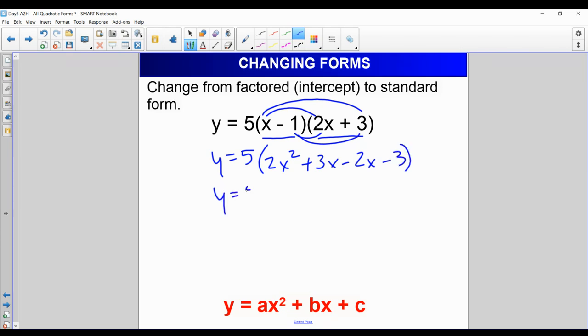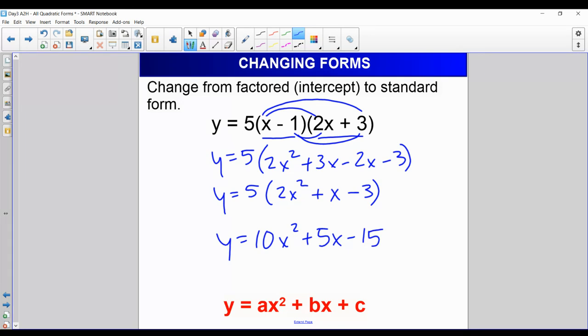I could then combine like terms to get just plus x, and then distribute the 5. So just multiply it out to go from factored to standard form.